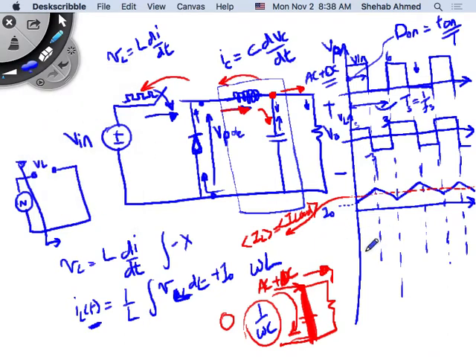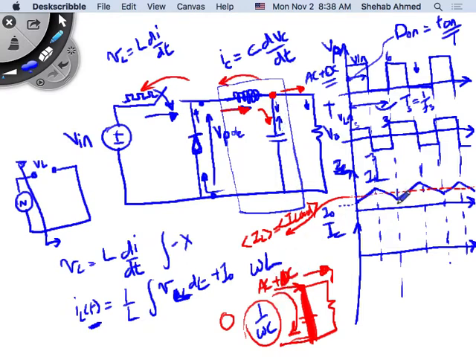So now, what does the capacitor current look like? This is the IL waveform, the inductor current. How about the capacitor current waveform? What does IC look like? We said IC will contain all the AC component of this current.